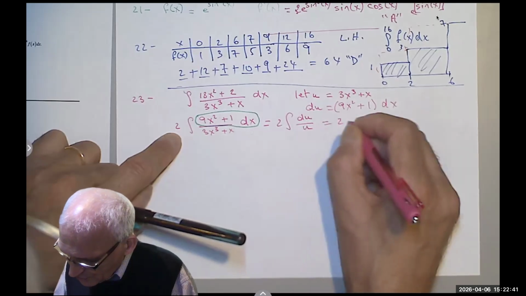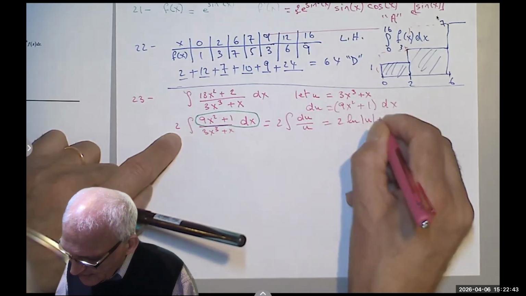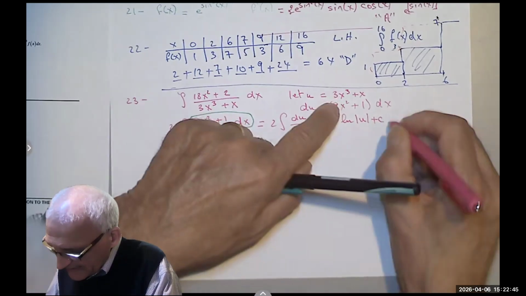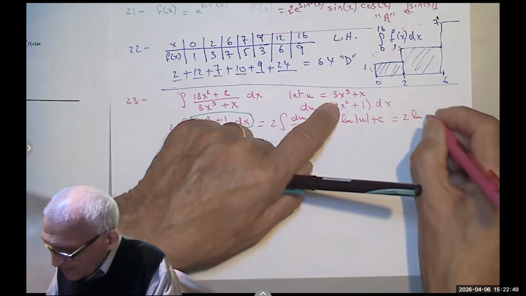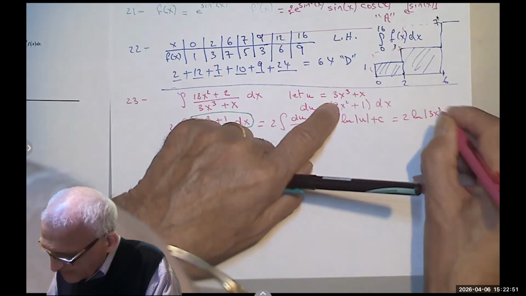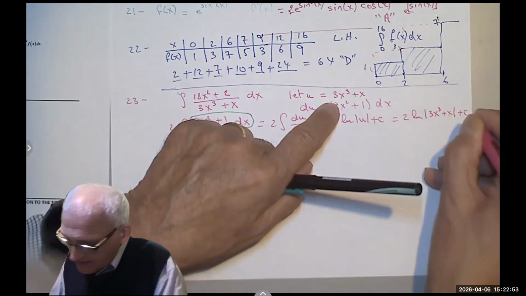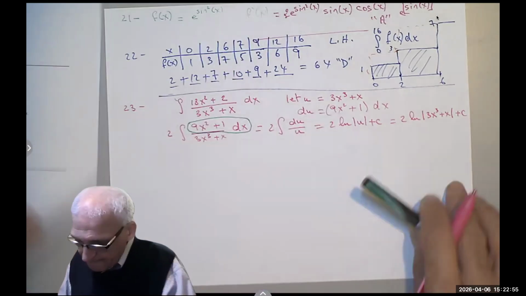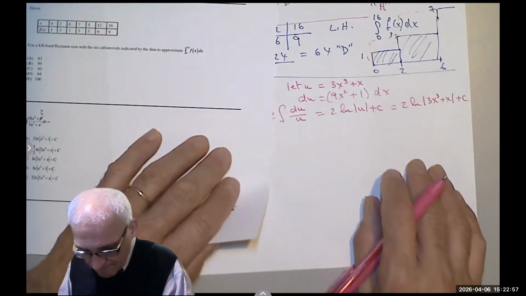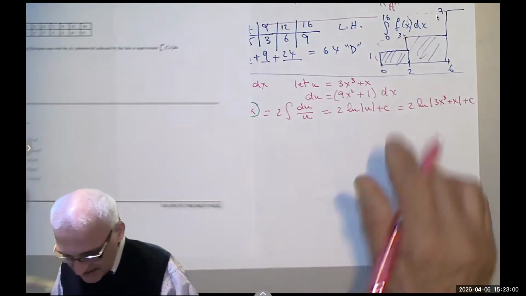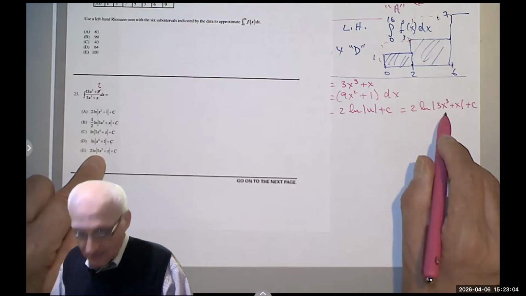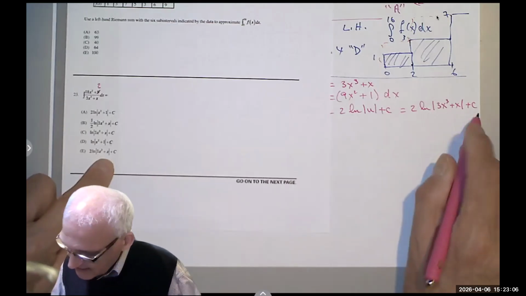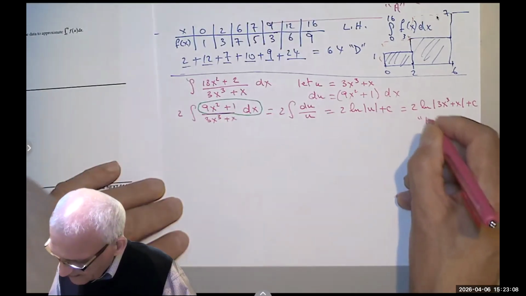So you get 2 natural log of u plus a constant, but u is that, so you say 2 times the natural log of 3x cubed plus x plus a constant. And that's E: 2 natural log of 3x cubed plus x plus c. So the answer is E.